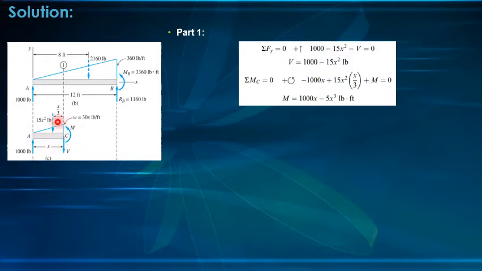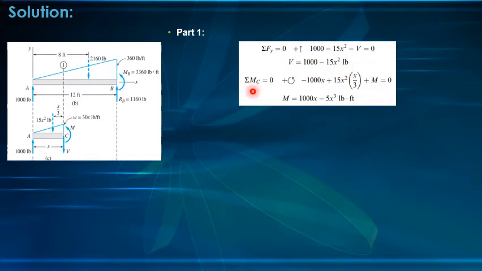Ito yung pagkukuha natin. So 1/2 multiplied by x multiplied by 30x, that will give us 15x squared, minus your shear, okay, kasi going down, and that will give us an equation for your shear force, and that is 1,000 minus 15x squared in pounds.